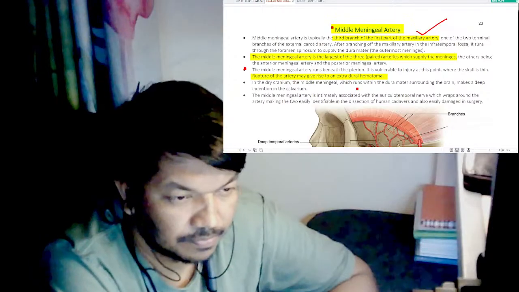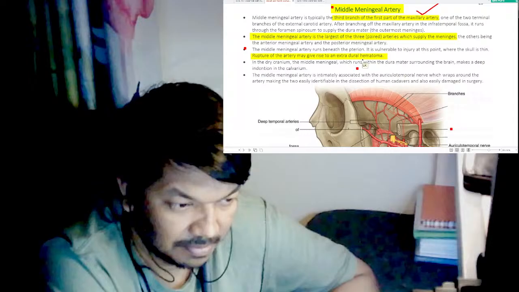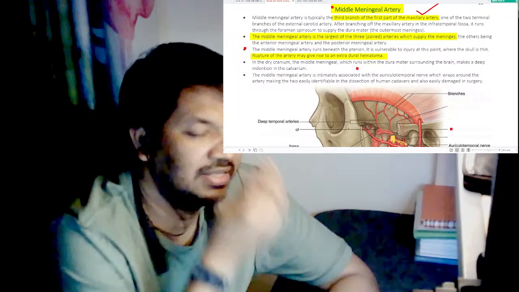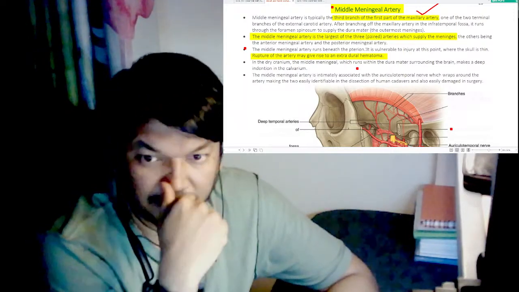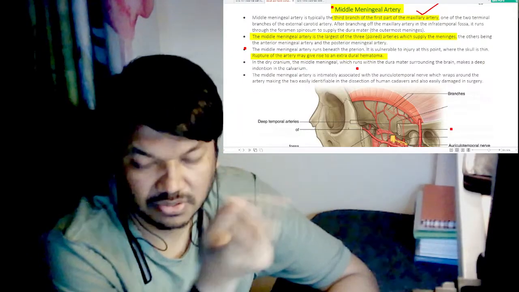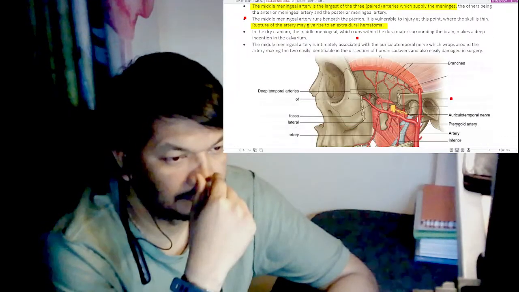Maxillary artery is a terminal branch of external carotid.